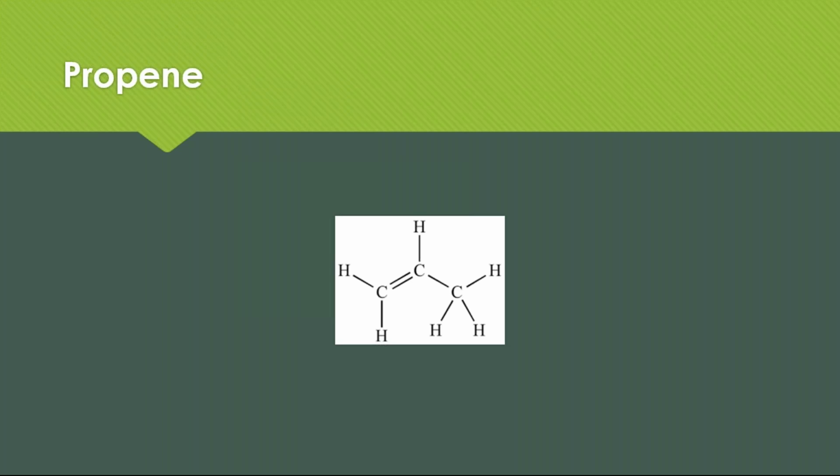No, ma'am. Why? Because one of the double-bonded carbons has two identical hydrogens. Only hydrogens are present, no other groups. All are identical, so no geometrical isomers are possible for propene.